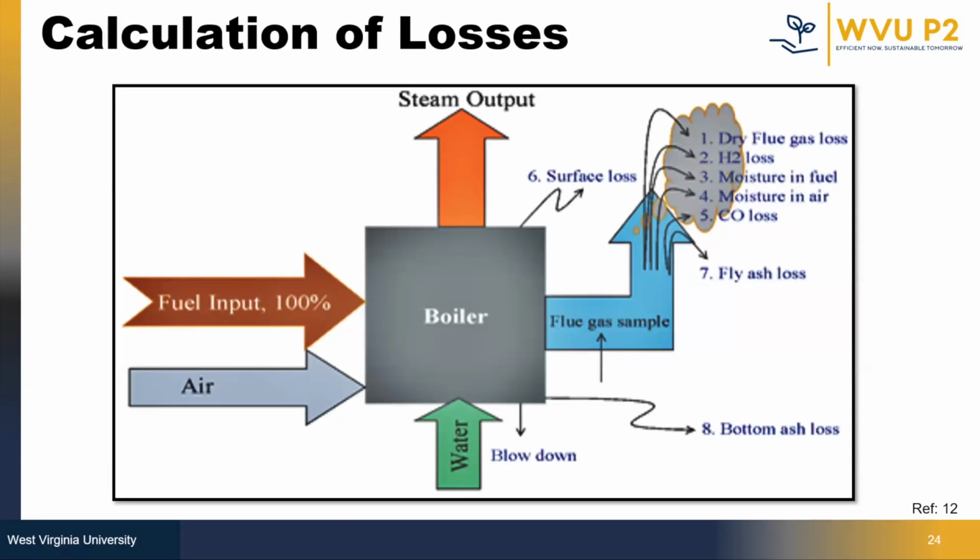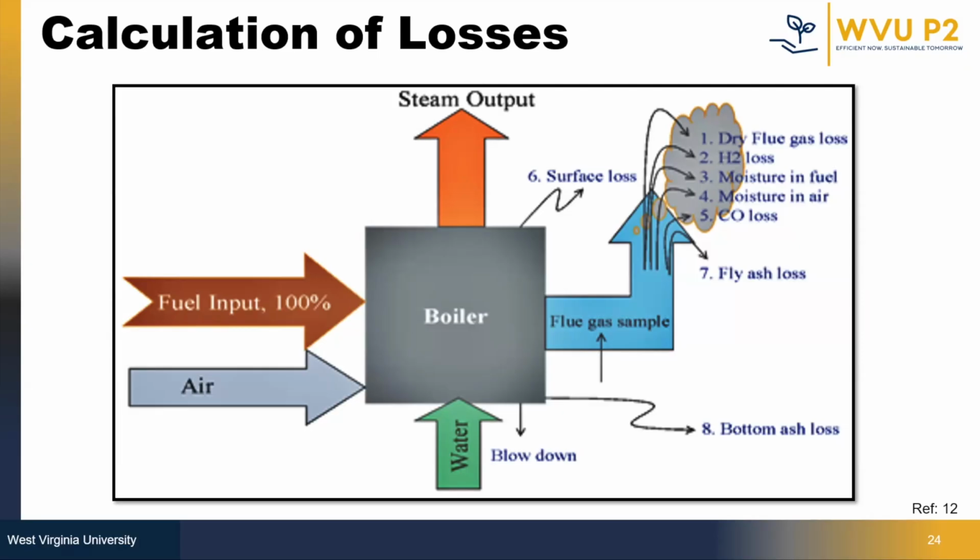So if we want to take a step further, we can include the other losses. Using the combustion analyzer to measure stack loss was already discussed. That leaves the surface loss, blowdown loss, and the bottom ash loss. Blowdown loss can be determined by measuring the temperature of the blowdown water and the temperature of the feed water, as well as the volume of blowdown water released over a measured period of time.